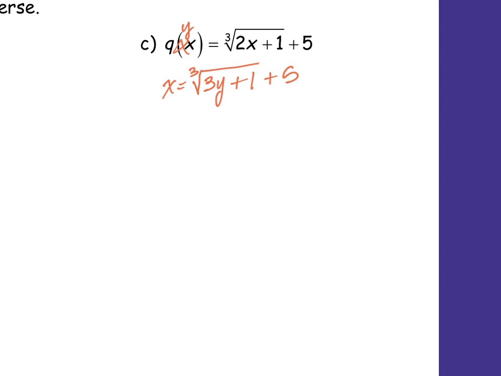All right, so how am I going to solve for y? Well, the first thing I'm going to do is subtract 5. So I get x minus 5 equals the cubed root of 3y plus 1. How do I undo a cubed root?